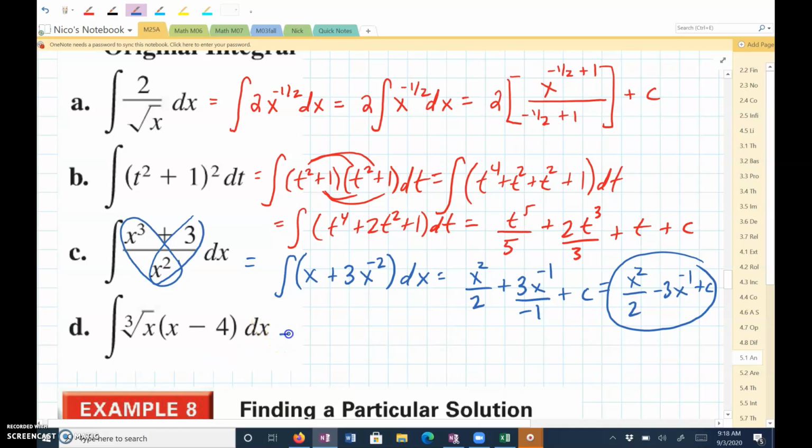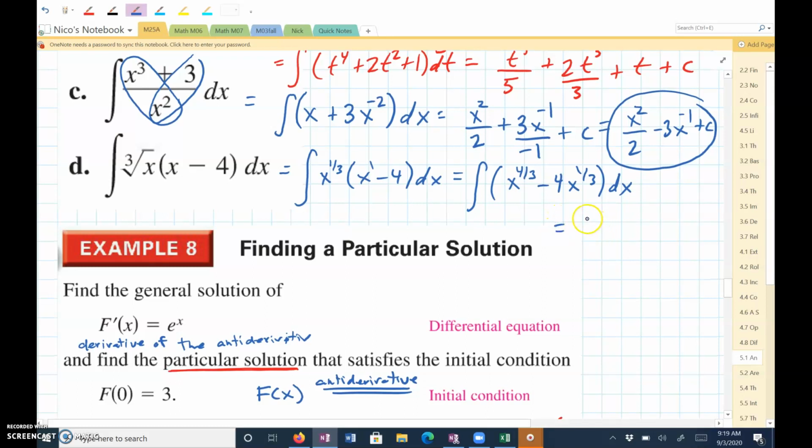Finally, part D, let's rewrite this as x to the 1/3 power times x, the quantity of x minus 4 dx, and then distribute here, and we'll add those exponents: x to the 4/3 minus 4x to the 1/3 dx.